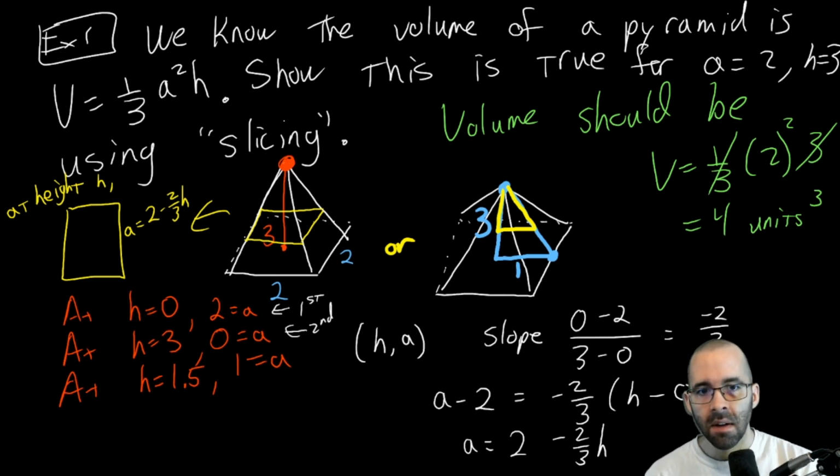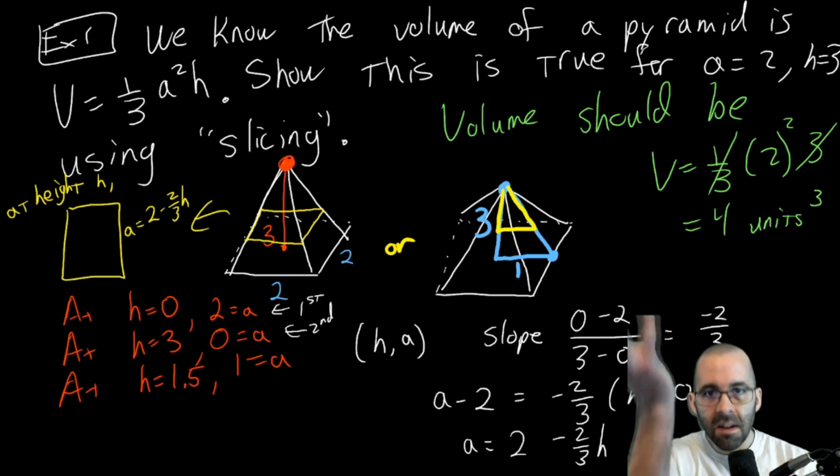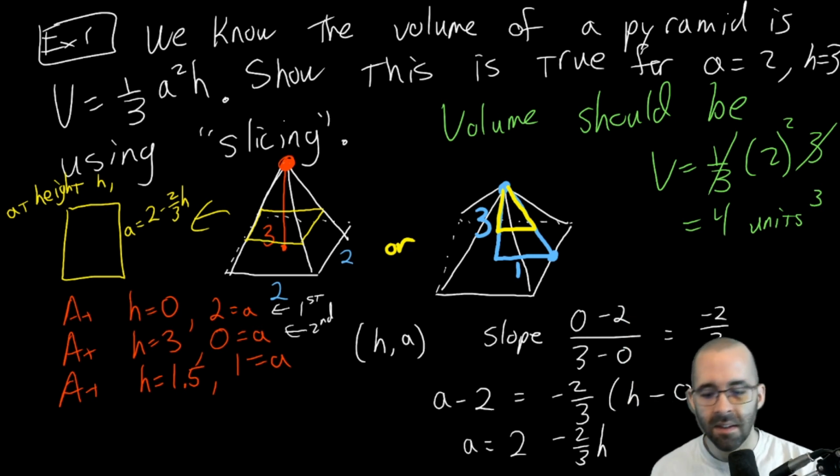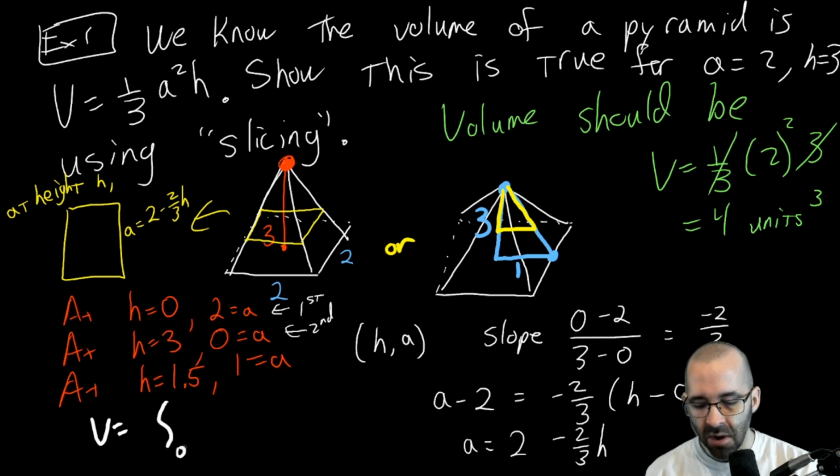Well, now if we just add up those infinitely tiny areas, adding up an infinite number of infinitely tiny things, that's integrals. That's calculus. We should get the volume. The volume is just the integral. We're starting at an h value of 0, going up to an h value of 2.